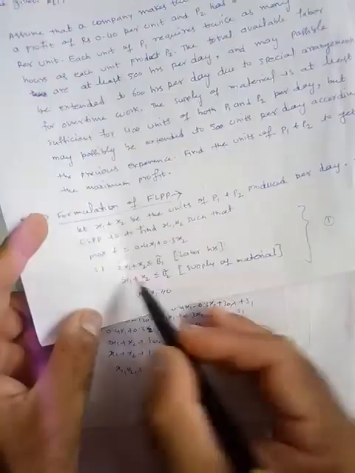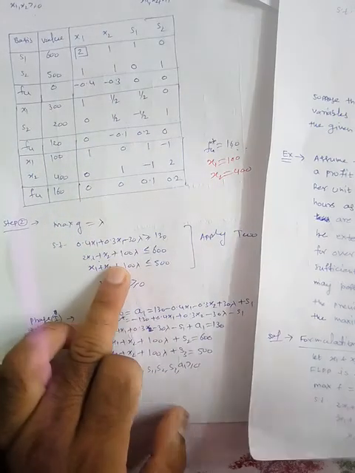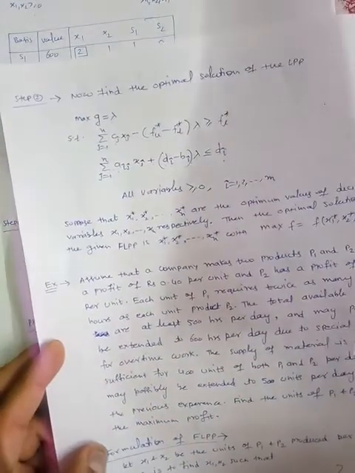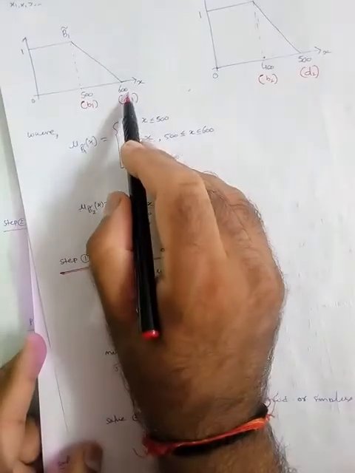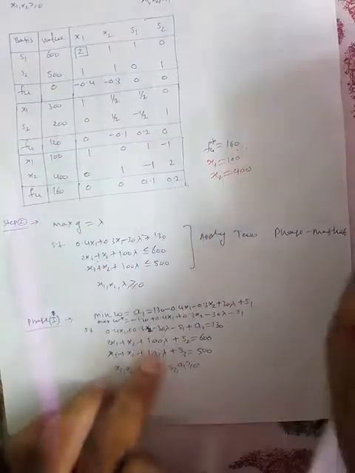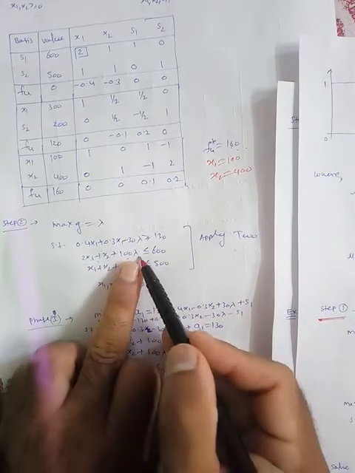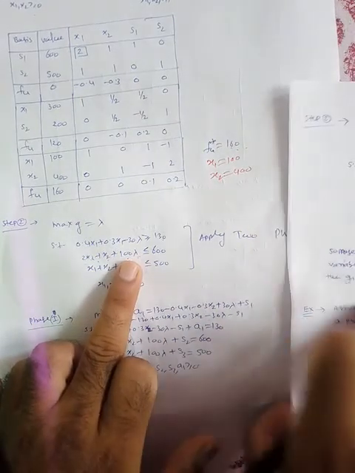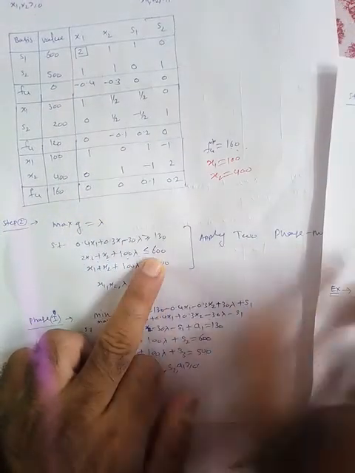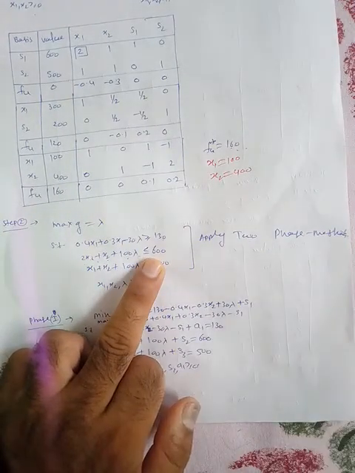Now we have this from the first constraint, 2x1 plus x2, plus di minus bi. From the first one, if you see, this difference is 100, so 100 lambda is less than or equal to di, that means 600.